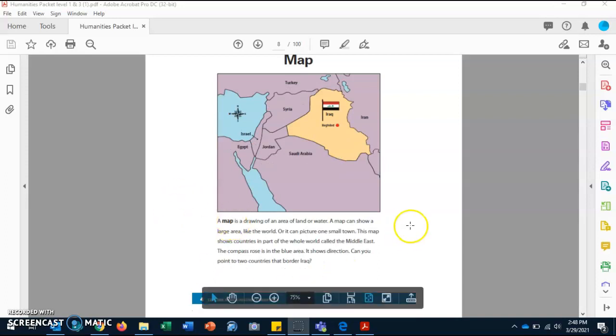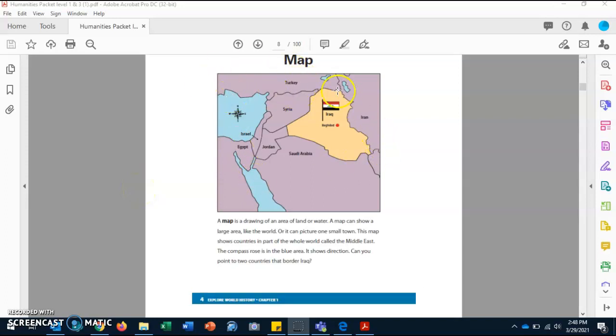I will read. All I need is for you to follow along. Let's look at the picture first. This picture is a part of the map. It's not all the map, but it's part of it.